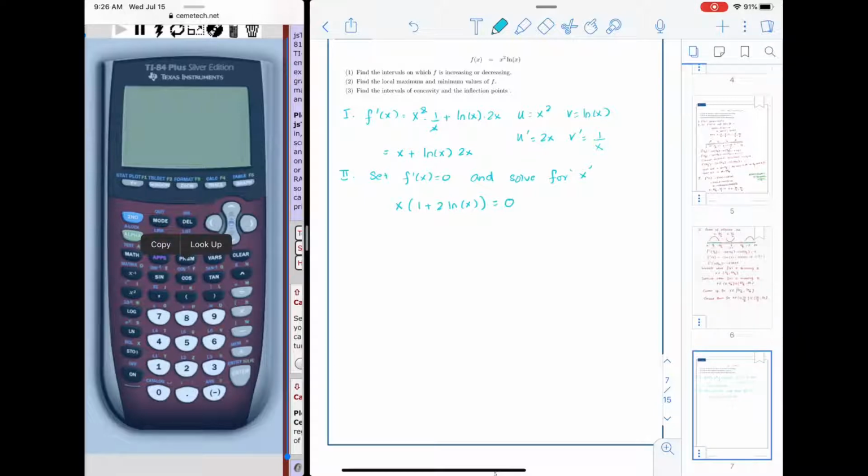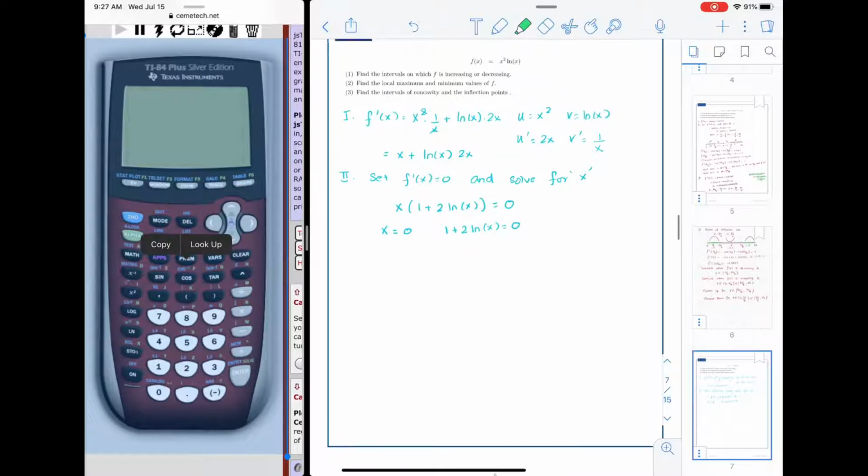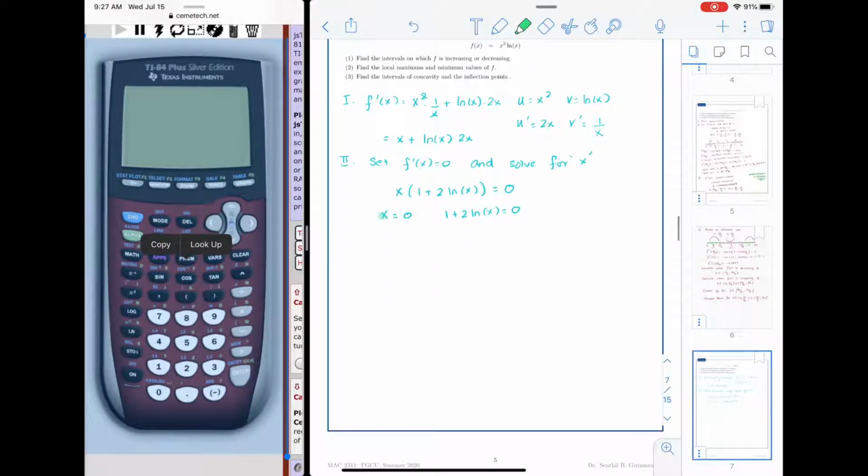Now, we want the values of x, so x would be equal to 0, or 1 plus 2 ln of x would equal to 0. So we know the first critical number, which is at 0.